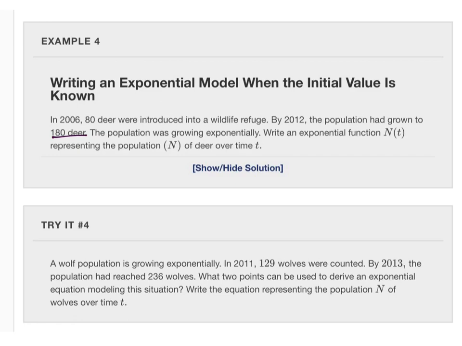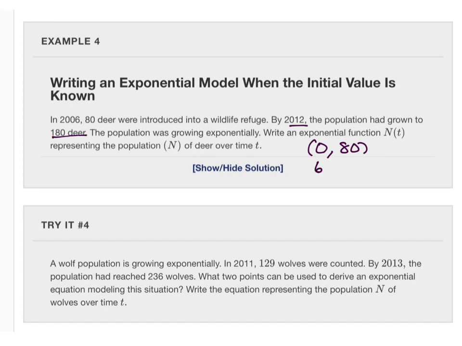So we know that in 0 years, t equals 0, there were 80 deer. So I would write down that ordered pair. 0, 80. That's our initial value. You with me? We also know that by 2012, which is how many years later?